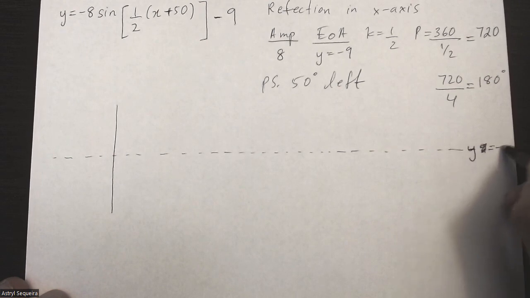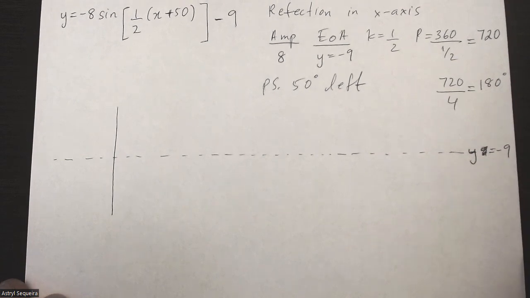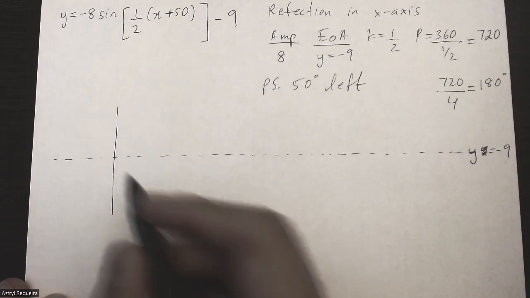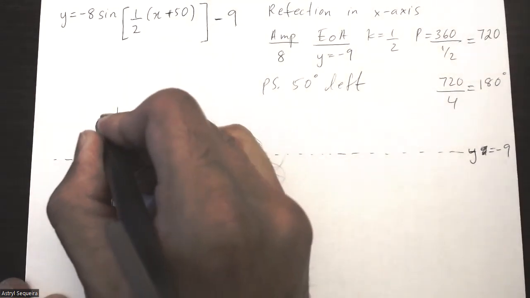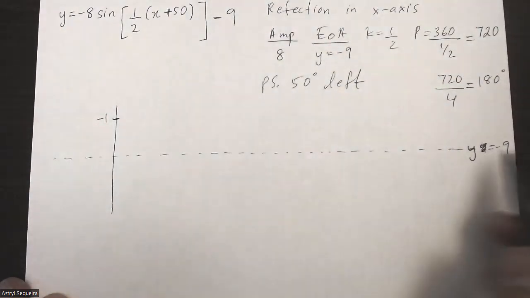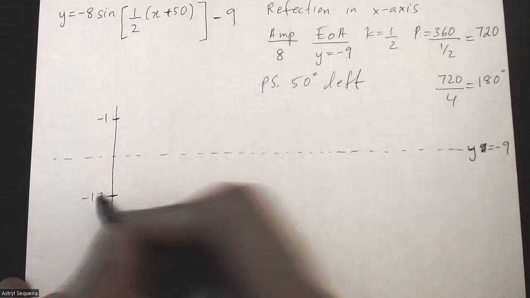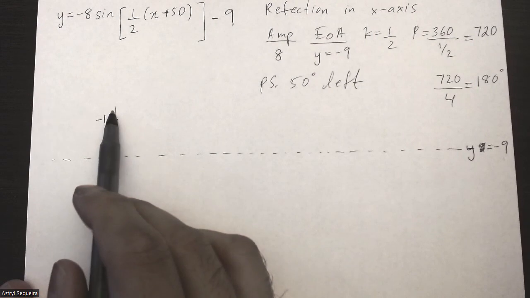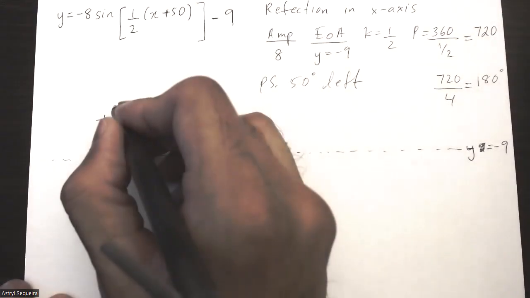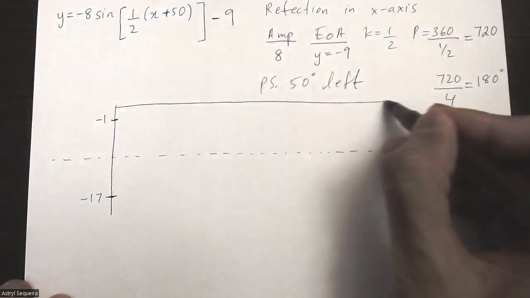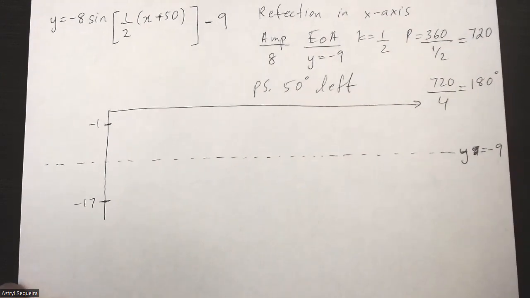So the y equals -9. My maximum is going to be -9 plus 8, which is -1. My minimum is -9 minus 8, which is -17, which means that my x-axis is slightly above -1. So my x-axis I can keep on the top over here.